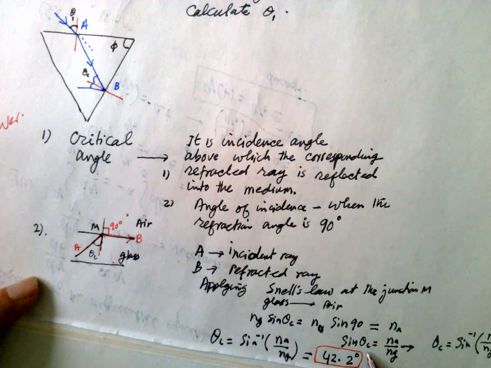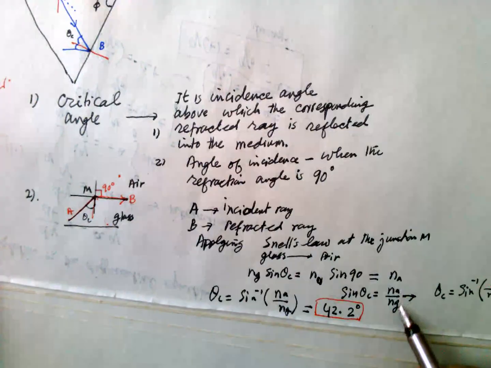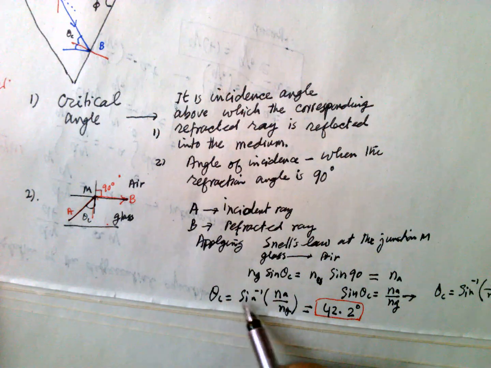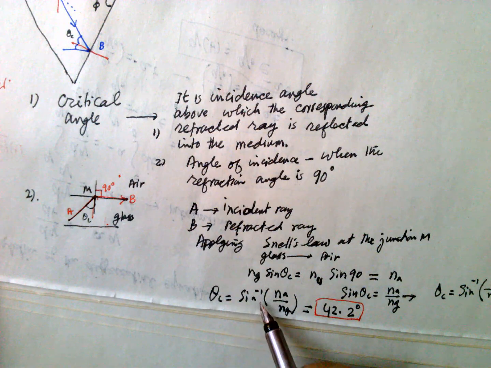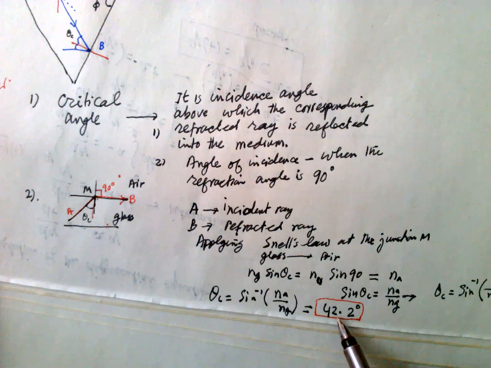So sine theta C is equal to Na over Ng, or theta C is equal to the arc sine of Na over Ng, which is 42.2 degrees.